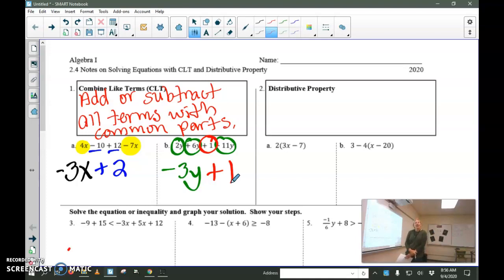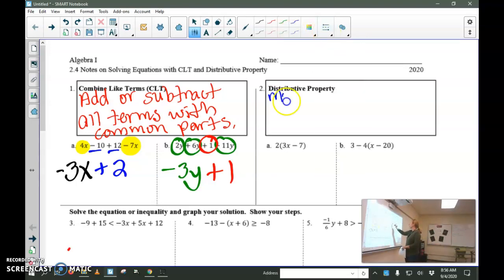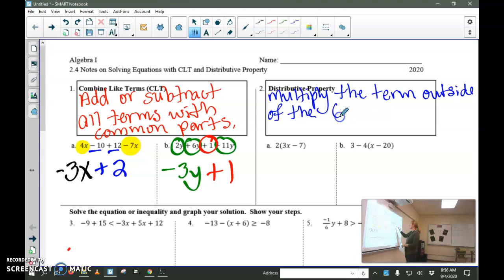All right, so the second layer we're adding today is the distributive property. And the distributive property is just multiplication, okay? So distributive property means that I'm going to multiply the term on the outside of the parentheses, and just for space, I'm going to just make the parentheses symbol, okay?